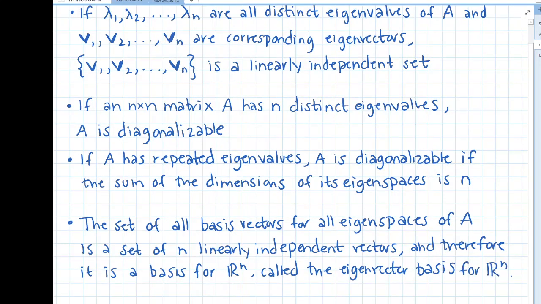And by the way, this last thing, I should have said, is if A is diagonalizable. So I'll just add that here. Because if it's not diagonalizable, then it doesn't actually have n linearly independent eigenvectors, and so you can't form a basis for Rn out of the eigenvectors.